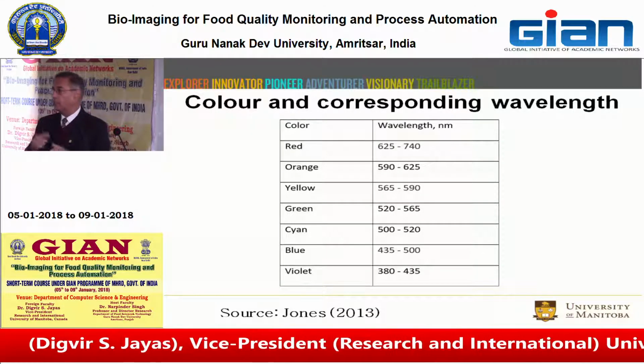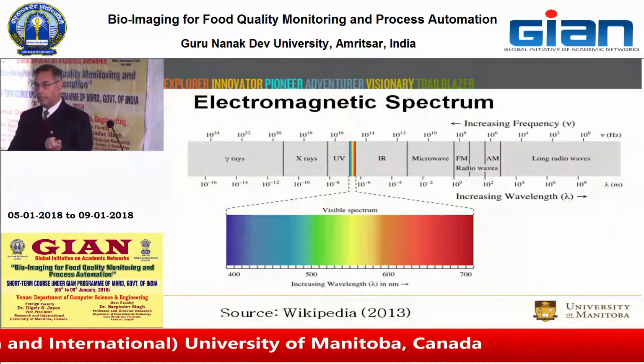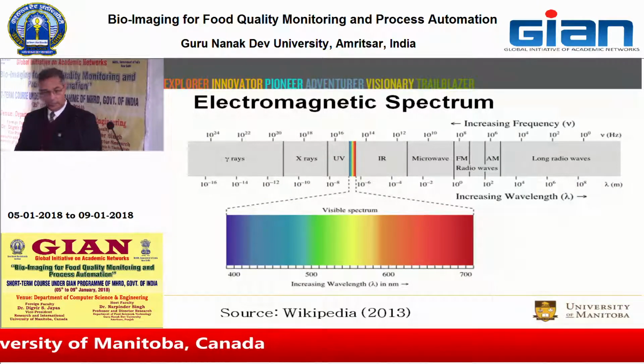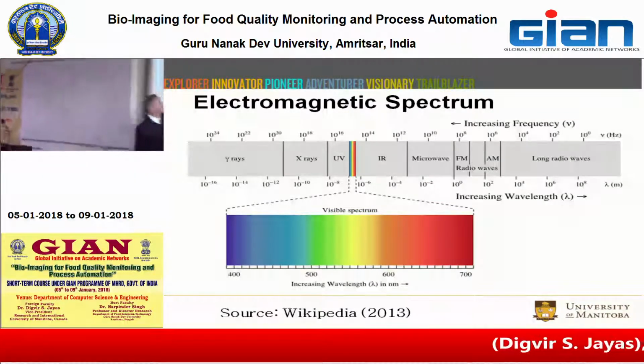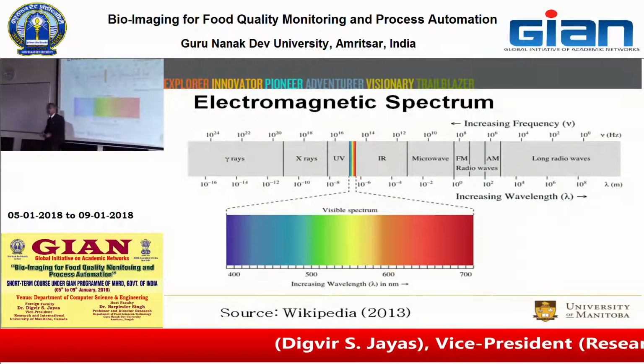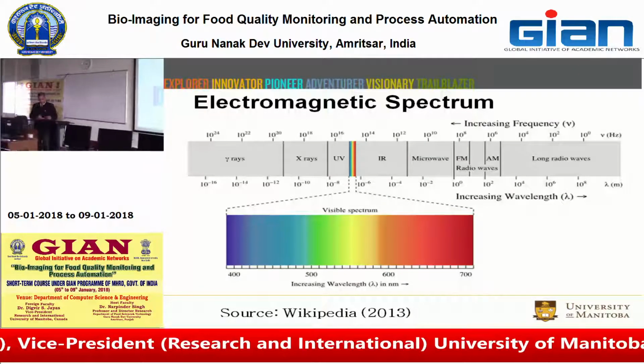Now, another thing to keep in mind: on the other side of the visible spectrum is the ultraviolet, UV. So right here is the UV spectrum, and this is the infrared spectrum on the right side of the red.